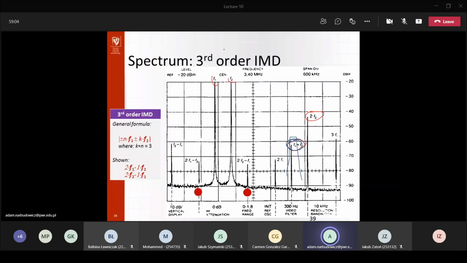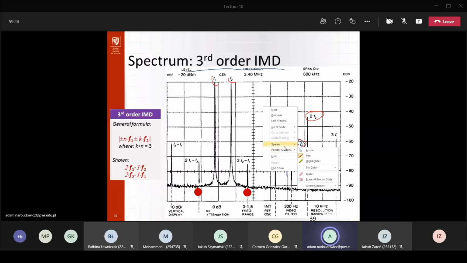However, as I mentioned, the problem will be with the third order harmonics. Why? Because with the third order harmonics, you get double one of the frequencies minus the other frequency. So you can see here, I will mark this maybe with, I don't know, let's make it orange.